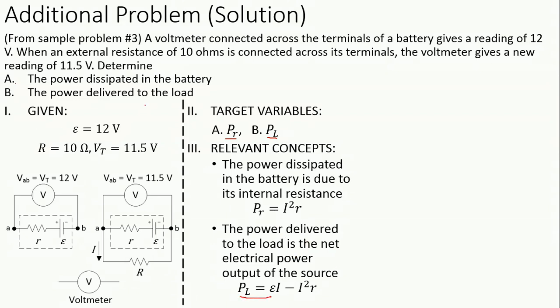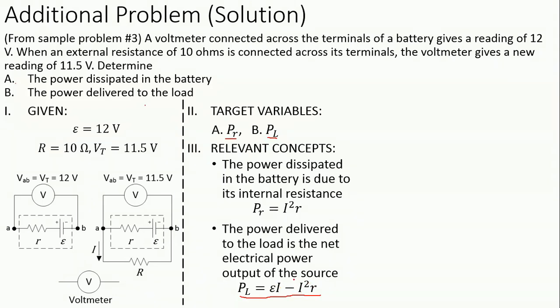Or, a more familiar formula for you: when a battery is supplying power in the circuit, the power delivered to the load is equal to the EMF times the current minus the current squared times the internal resistance.